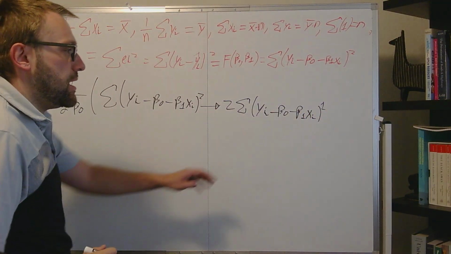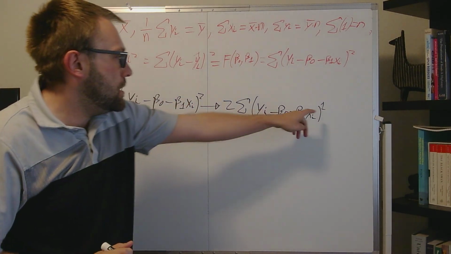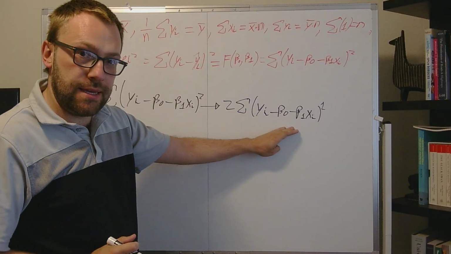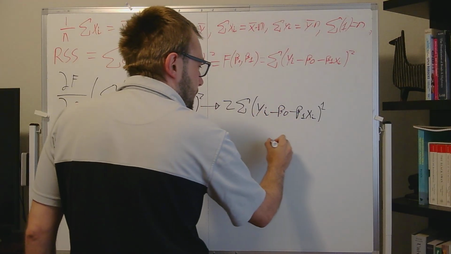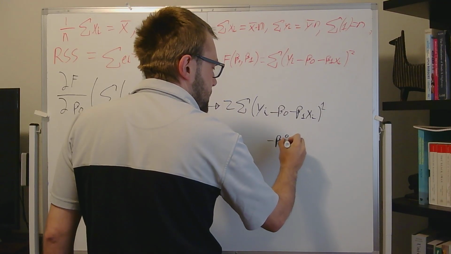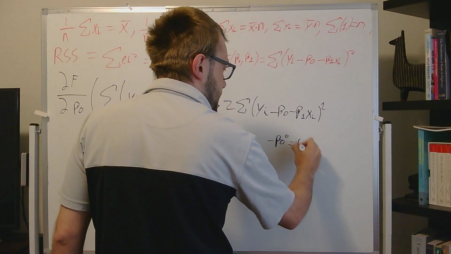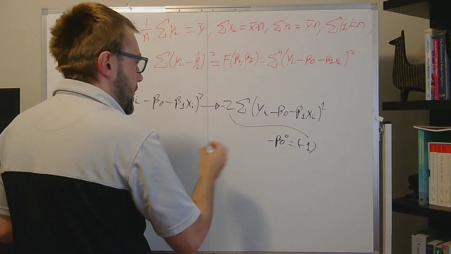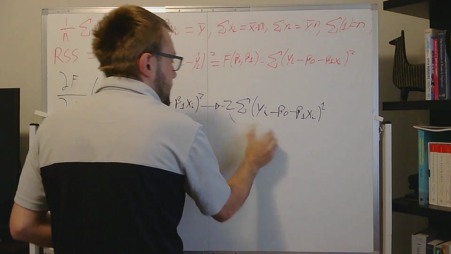We take the derivative with respect to the outside first, so we just drop the 2 out front, and then we take a derivative with respect to the inside second. So a derivative of negative beta naught to the first power becomes negative beta naught to the 0th power, which equals negative 1. And so that has to be pulled out here. We put that negative 1 out in front of that 2. And that is the derivative.